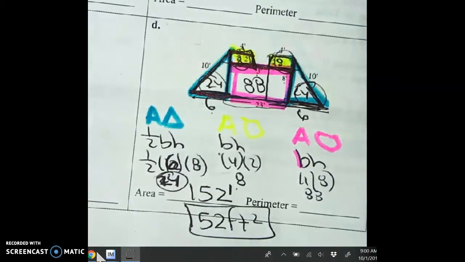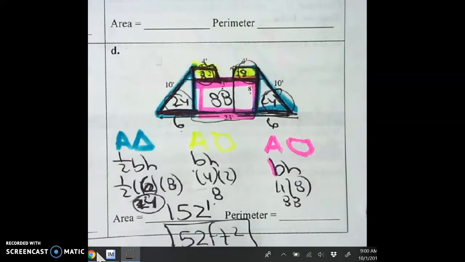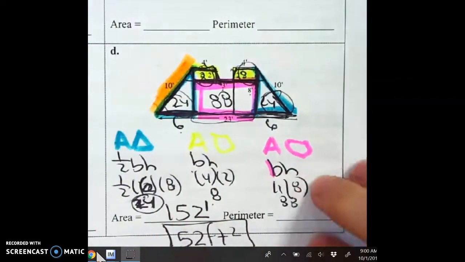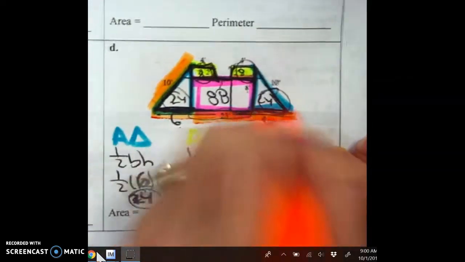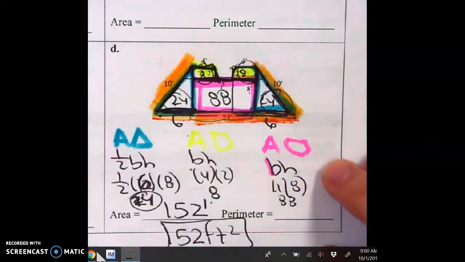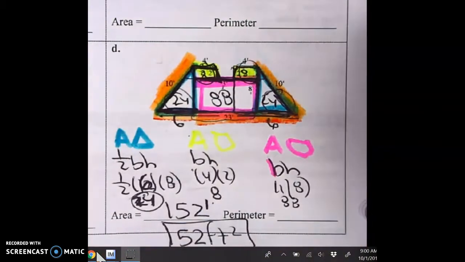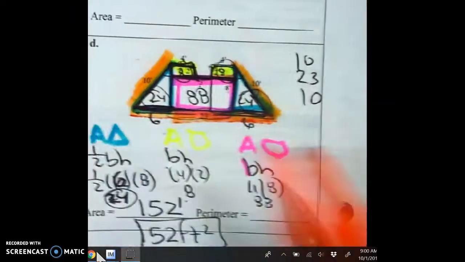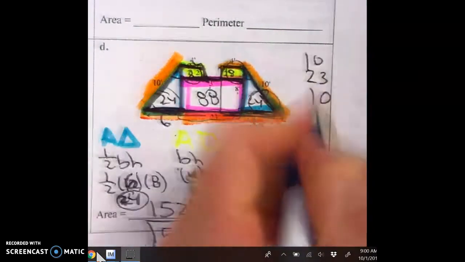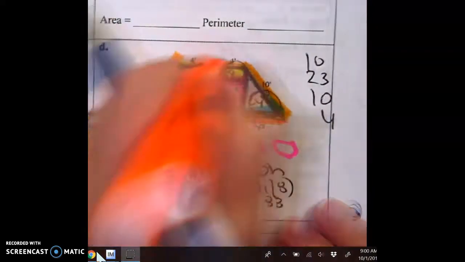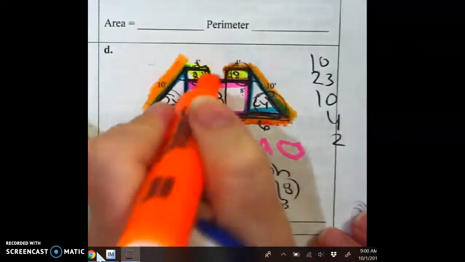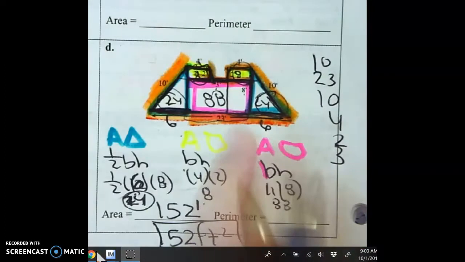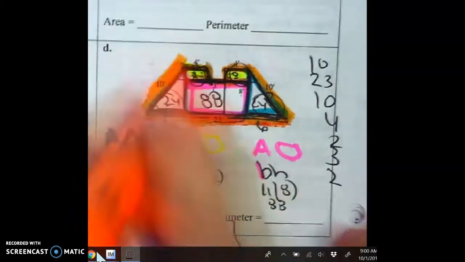Okay? Now, the perimeter. Definitely a doozy because I've made a big mess. So it's the outside. So I'm going to go 10 plus 23 plus 10. So I'm going to write that down. So I'm going to go 10 plus 23 plus 10 plus 4 plus 2 plus 3 plus 2 plus 4.